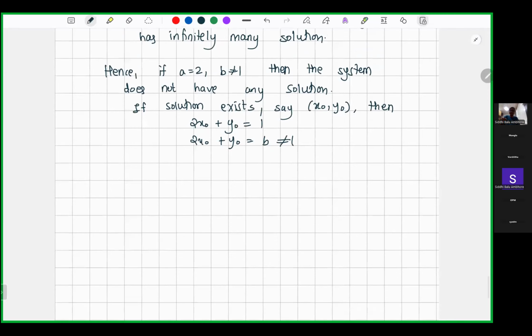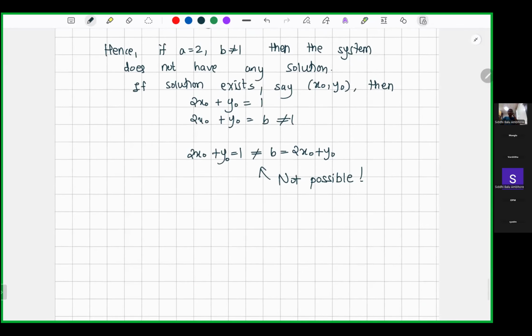So 2x naught plus y naught is equal to 1, but this is not equal to b, but this is equal to 2x naught plus y naught. So this is not true, or not possible, or does not make sense.